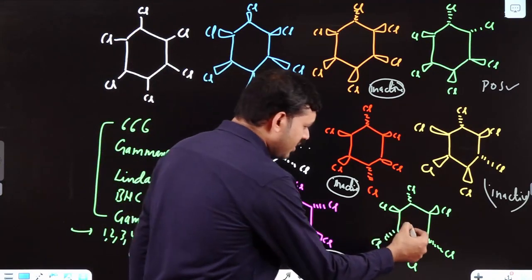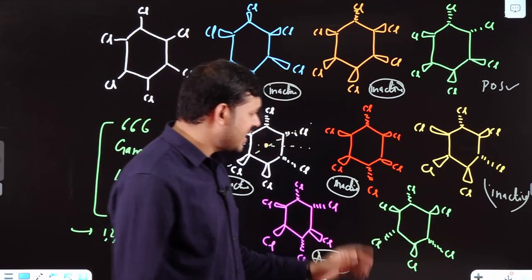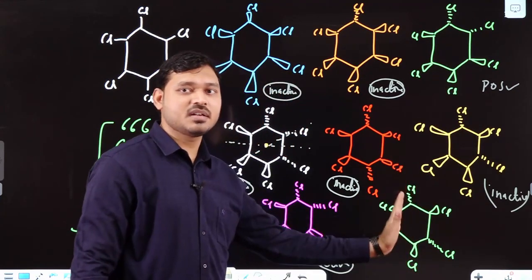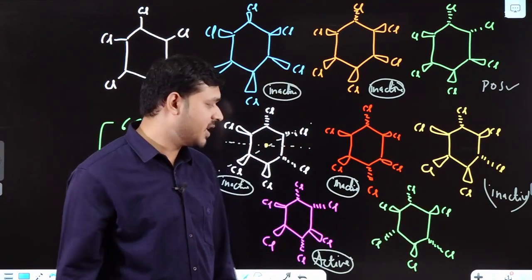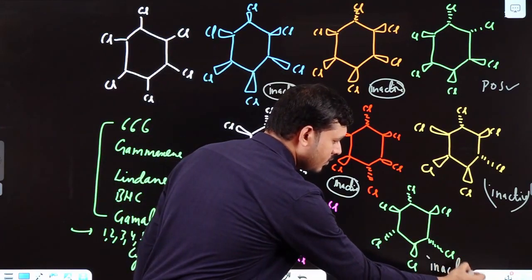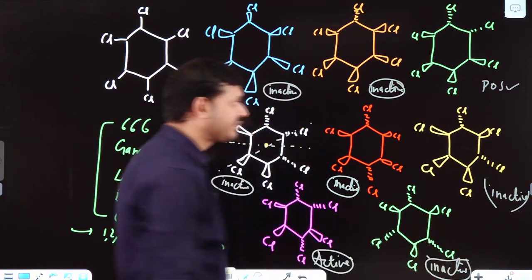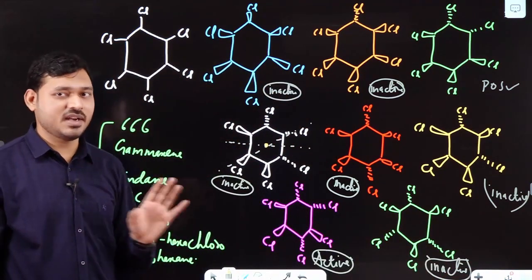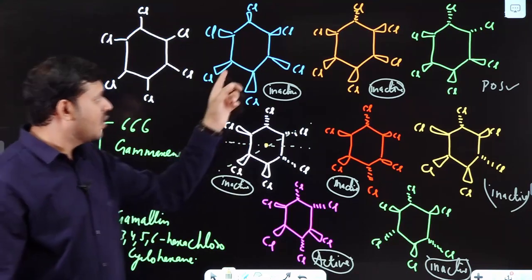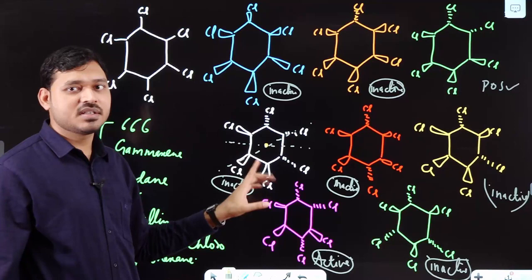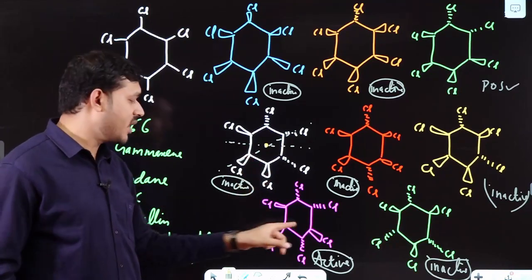Okay. Now check this one. Yes, here simply what I can say is, taking this plane, I can make it symmetrical. It is having symmetry. So it is also inactive. Okay. So dear students, in this compound you can understand it is having a total of 8 different stereoisomers, out of which one is active.